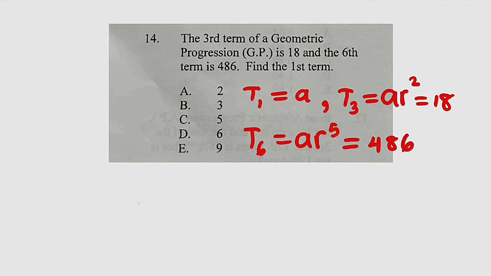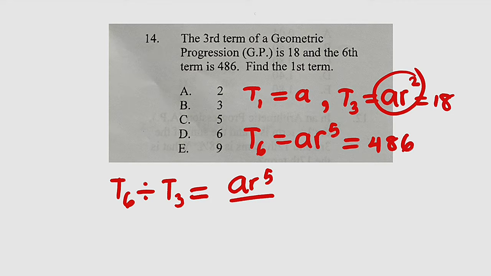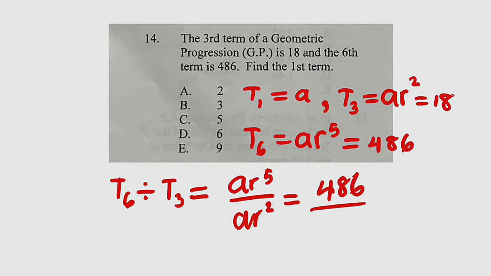All right, I would like to divide term number 6 by term number 3. On the left hand side, we have AR to the 5th power divided by AR squared. This is equal to the right hand side, where term number 6 is 486 and term number 3 is 18.